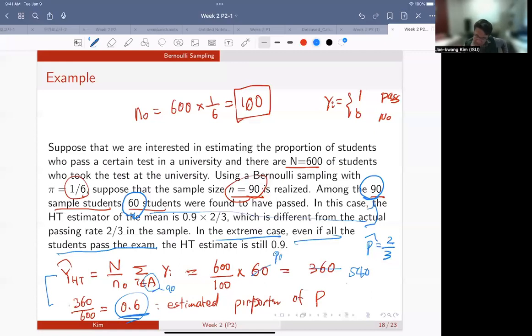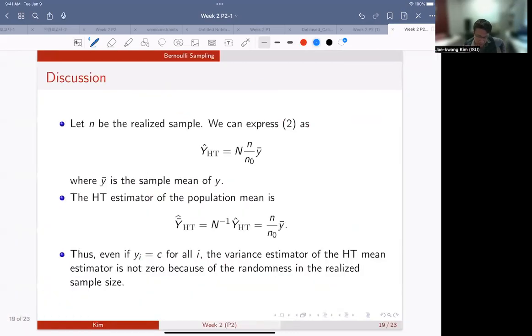So 540 divided by 600 is 0.9. So we got only 90% of the proportion who passed the exam, but everybody passed. So something's not really correct, right? So that is the problem with the Bernoulli sampling.